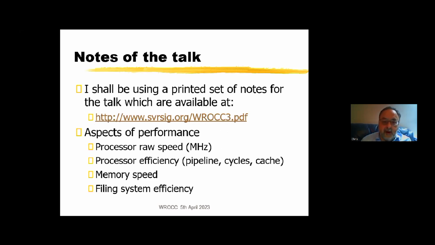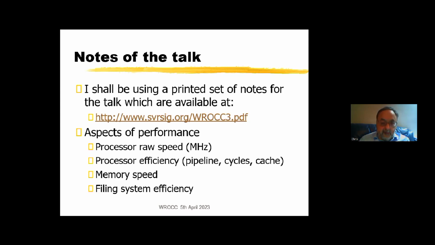If we're talking about performance, there are various things about a computer that we can see easily. The raw speed of the processor is usually quoted because people always quote that. But some of the more recent processors are much more efficient than some of the earlier ones, and it's all to do with pipeline cycles and caches.